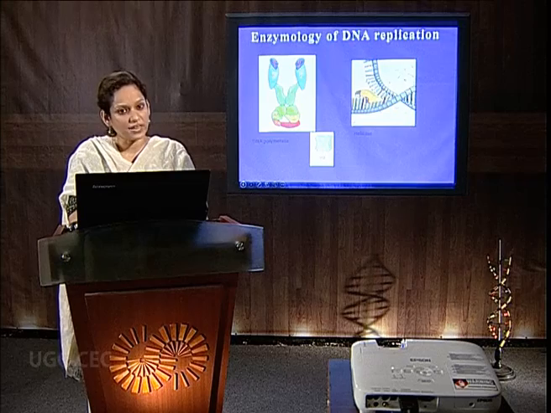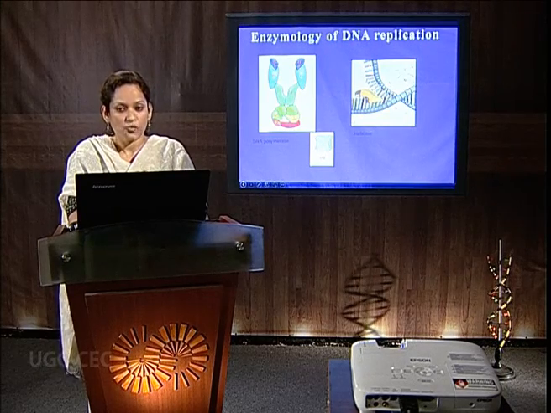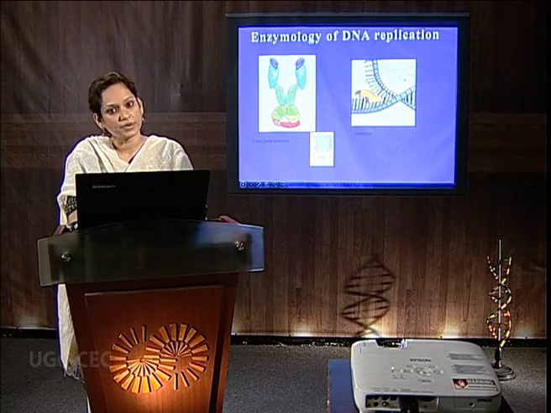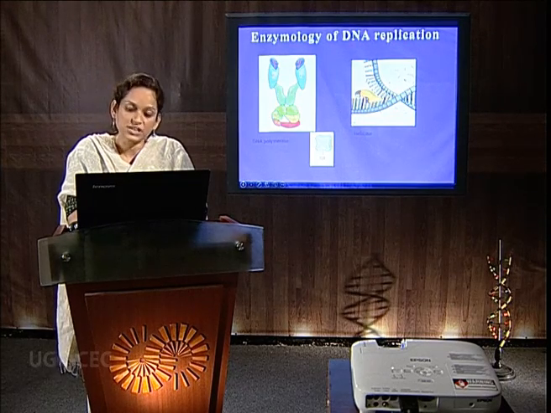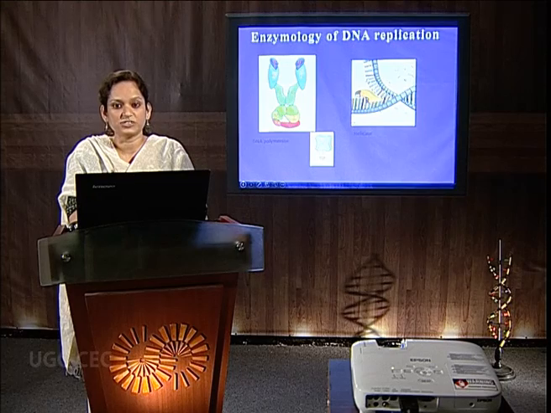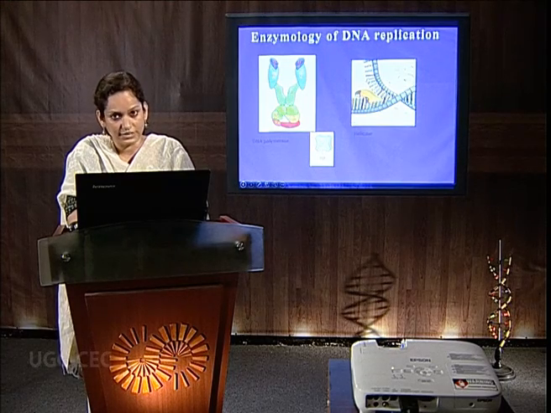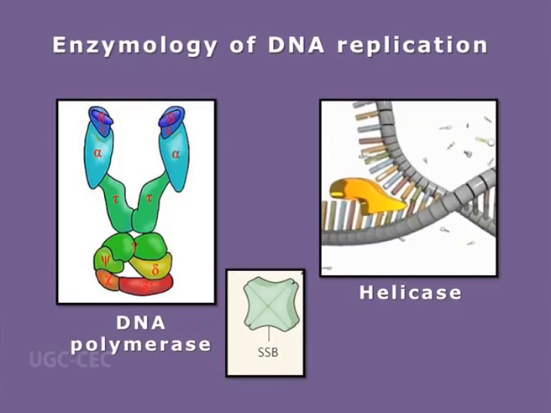Then, the two DNA strands, when they are acting as templates, are covered by single strand binding proteins, which prevent these strands from re-annealing. Then we have the helicase enzyme, which acts at the replication fork and causes the untwisting of the double helix.